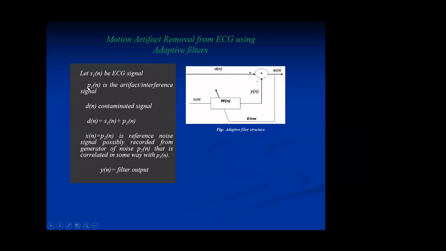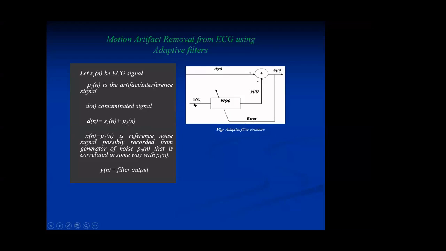The motion artifact signal we are going to apply at P1 of the signal, and at D1 the desired signal. This P1 is nothing but this here. And here we are going to apply the sum of the signal, actual ECG signal plus motion artifact signal, and X of n will be given simply the noise signal. Observe here, this signal is actually sum of signal plus noise, and this signal is only the noise P2 of n.